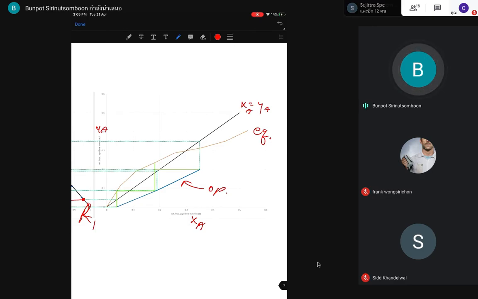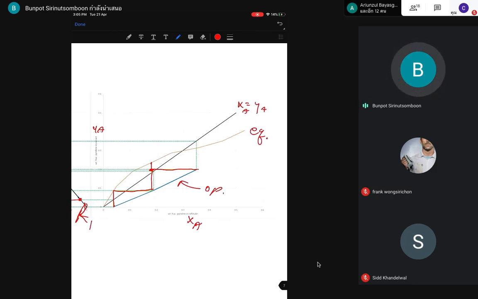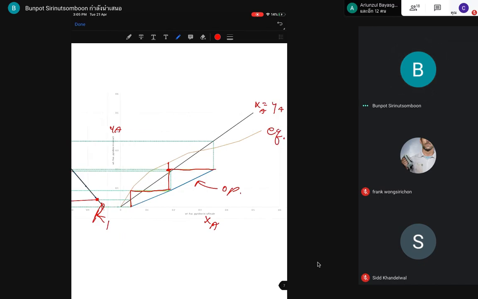So then I can draw the steps. You need to use the black line x equal to y to find the operating line, the blue line.